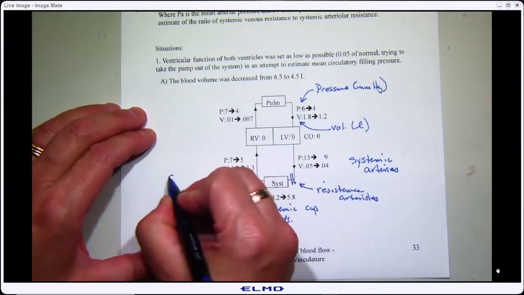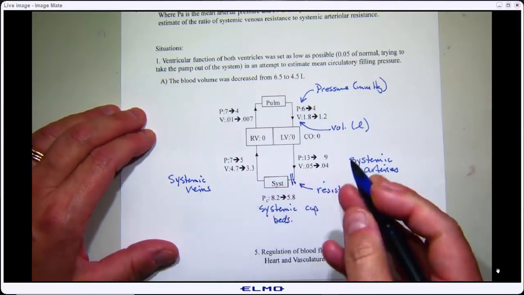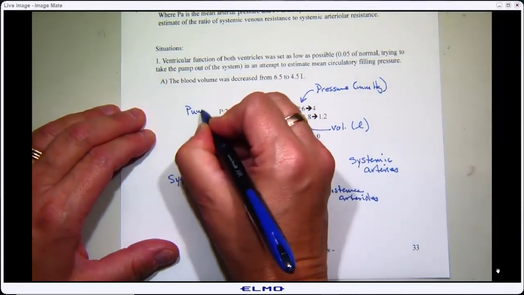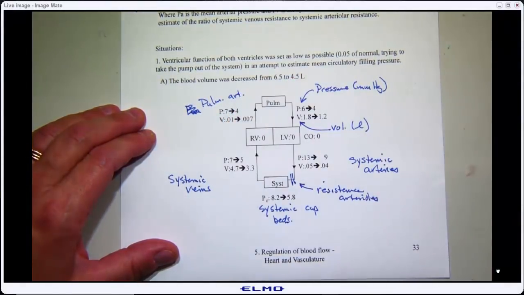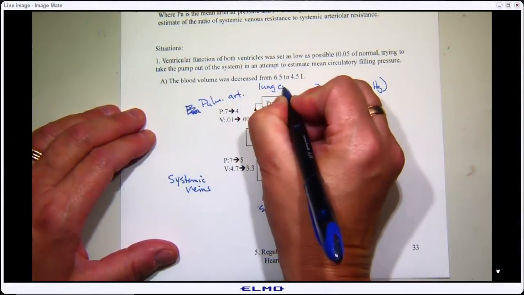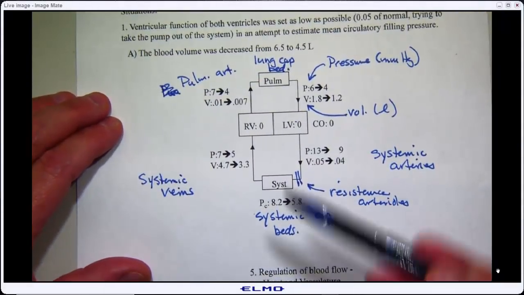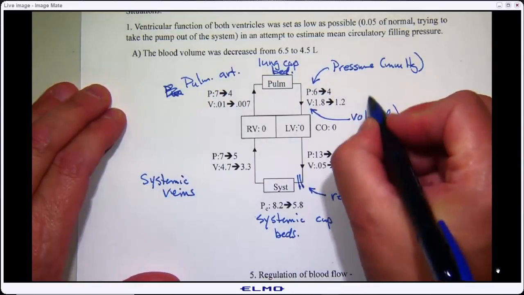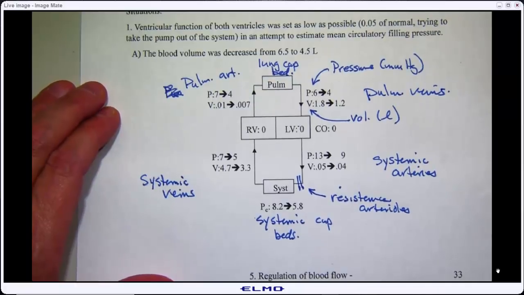Then we move into systemic veins, back to the right heart, and then the right heart pumps into pulmonary arteries, across the one capillary bed, so this is our lung. That's our lung capillary bed. Okay, so that is one capillary bed up here, and then into our pulmonary veins, and then back to the left ventricle.